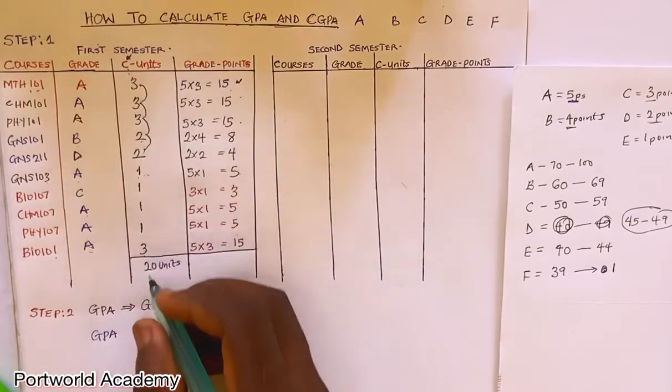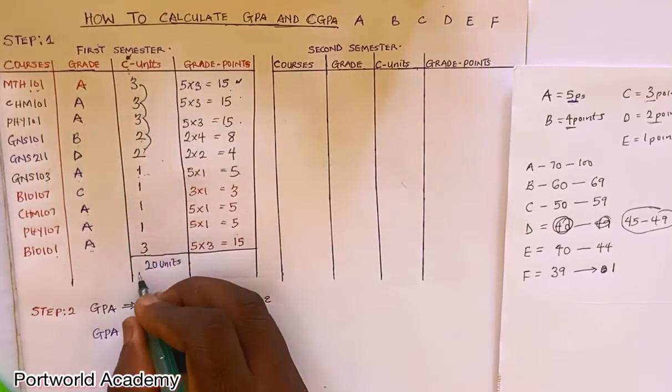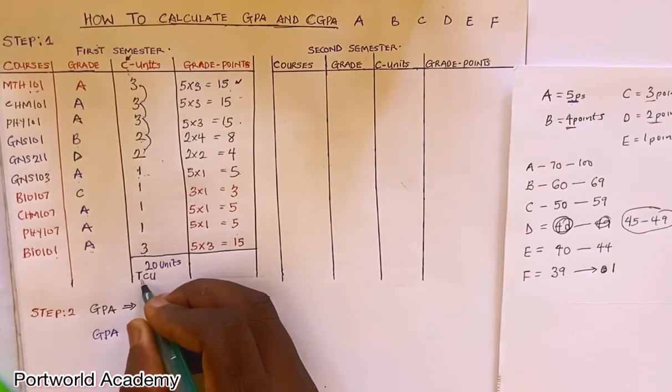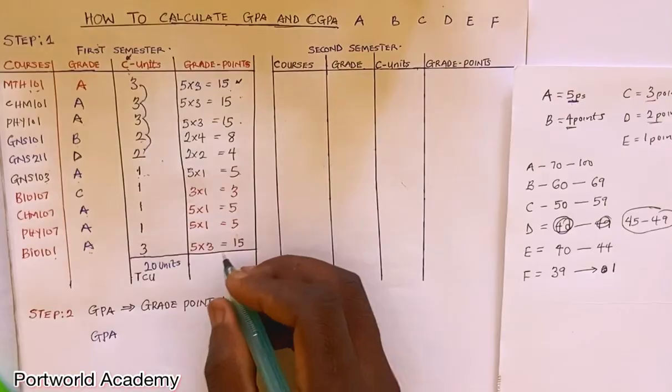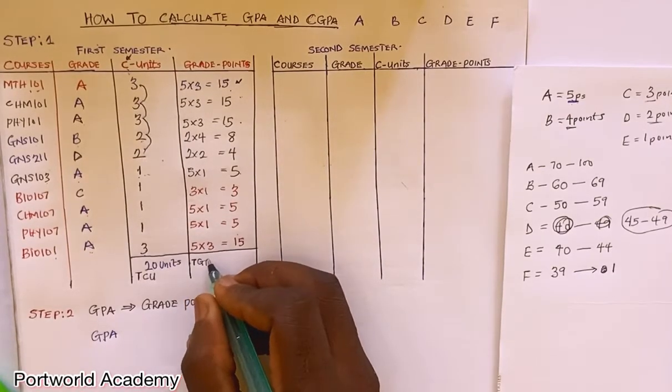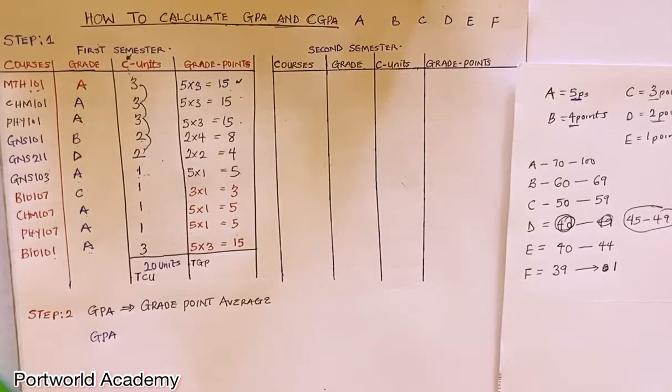This total course unit here is what you call TCU, that's total course unit, or you say total credit units. Then you're going to have the total grade point. So what you are going to do now is add all our total grade points together, because that's just what you need to get.